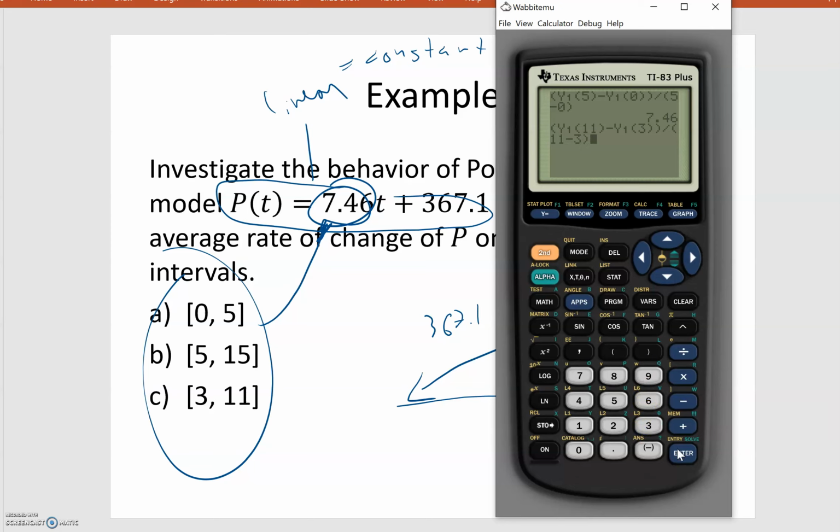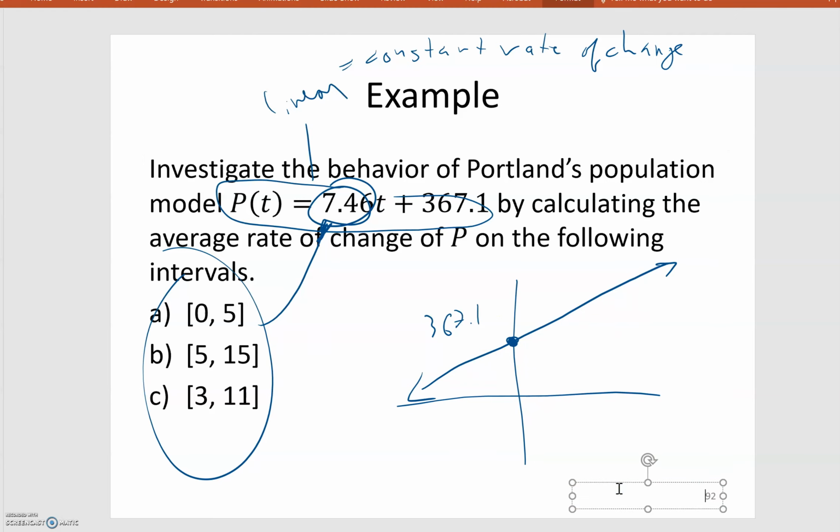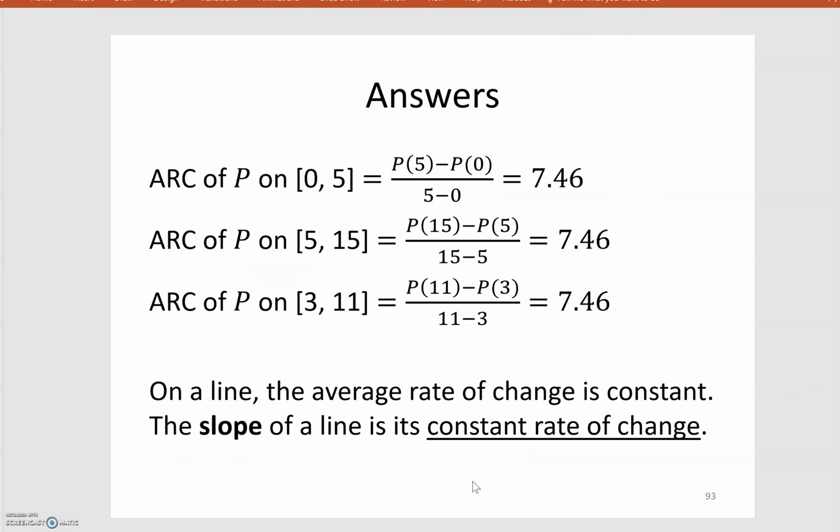And this is going to be 7.46. It better be, and it is. Okay. Now, the idea is that because it's a linear function, the rise over run is always the same. The slope is always the same. Now, I didn't do 5 over 15, but if you did, you would get the same value.